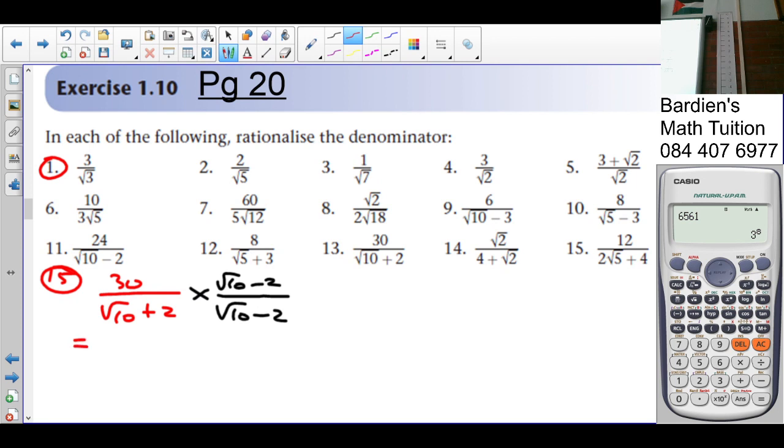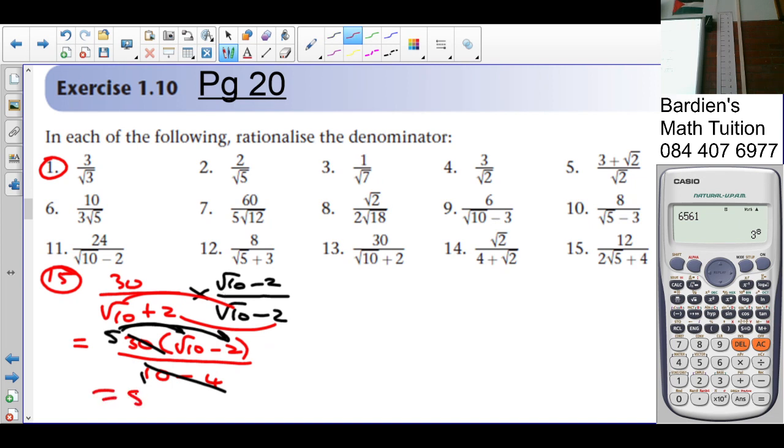Multiply the first and the last. So that's going to give you root 10 times root 10 is 10 minus 4, which is 6. So 6 goes into 6 once, 6 goes into 30, 5 times. You see that, people? So talk to me. 5 times root 10, 5 root 10 minus 10.